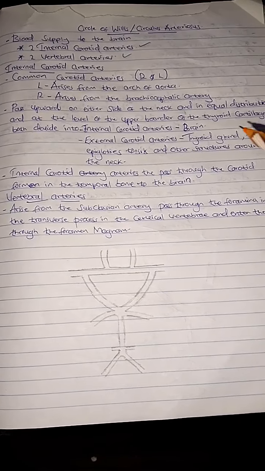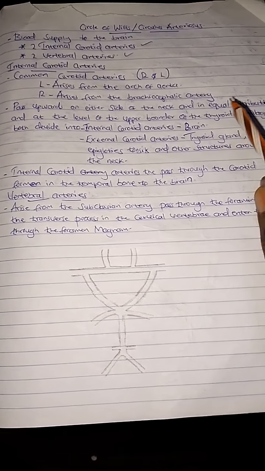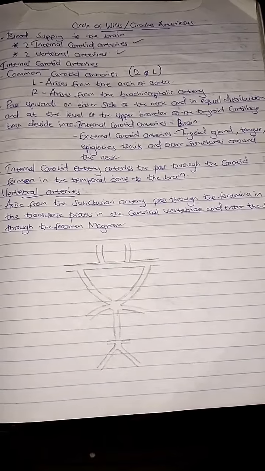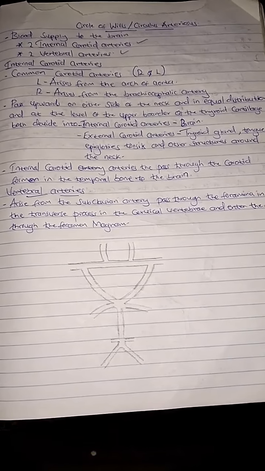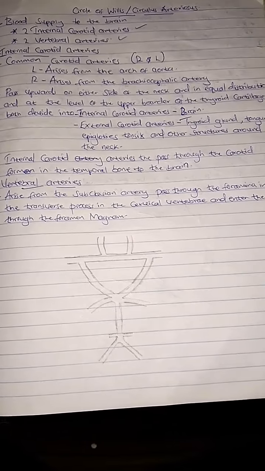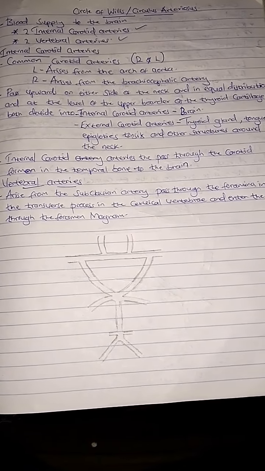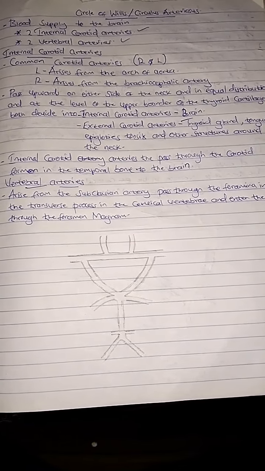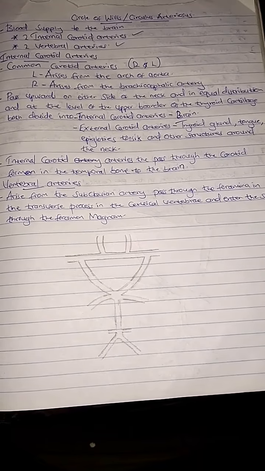Now we have a branch of an artery that branches from the aorta, which forms the left common carotid artery, and a branch of an artery from the brachiocephalic artery, which forms the right common carotid artery.